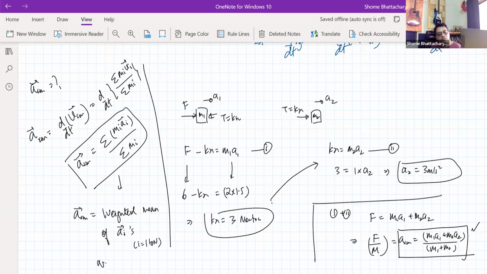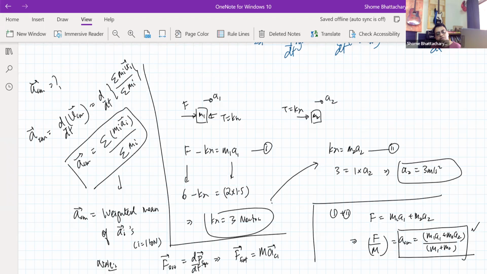But also, the net external force acting on this kind of a system, because the mass of the system is constant, total mass is fixed, so that is also equal to total mass into acceleration of center of mass.